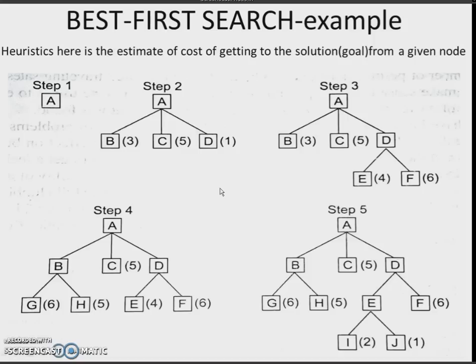So, as per the generate and test, you have to generate a possible solution from A. From A, you have B as a possible solution.